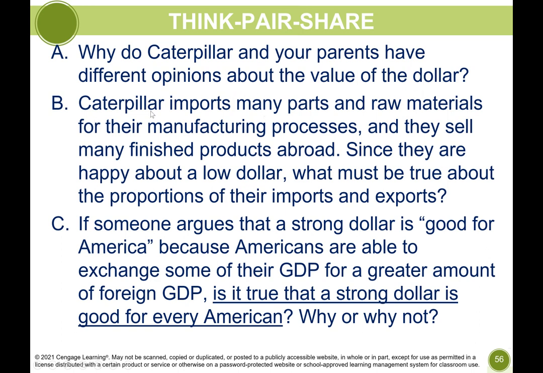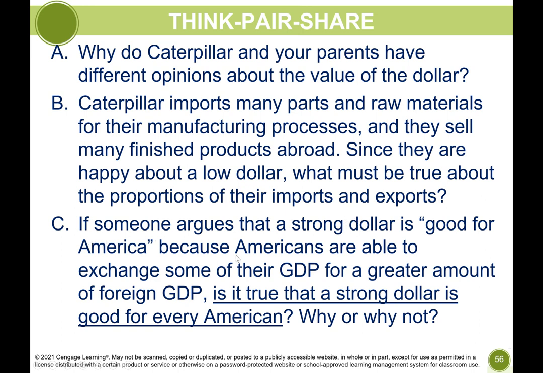Number B. Caterpillar imports many parts and raw materials for their manufacturing processes, and they sell many finished products abroad. Since they are happy about a low dollar, what must be true about the proportions of their imports and exports?